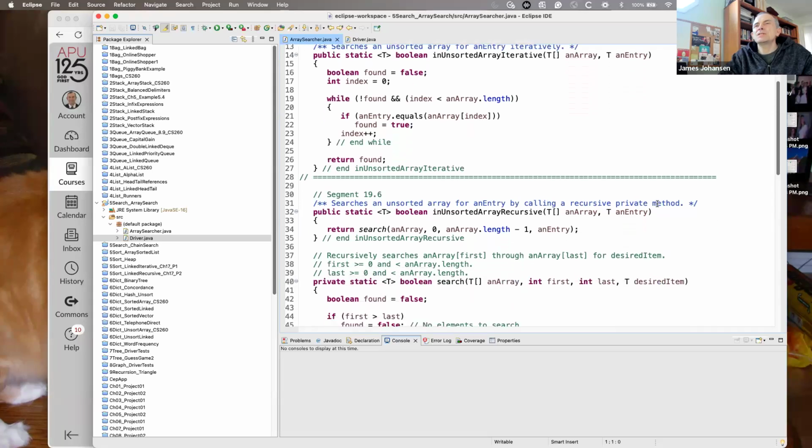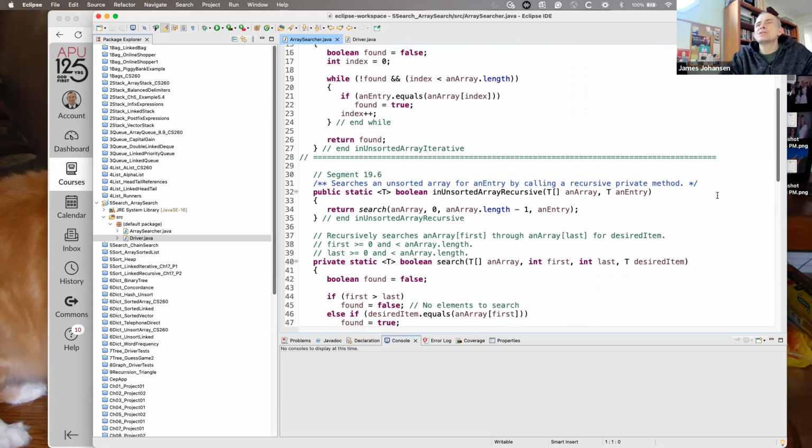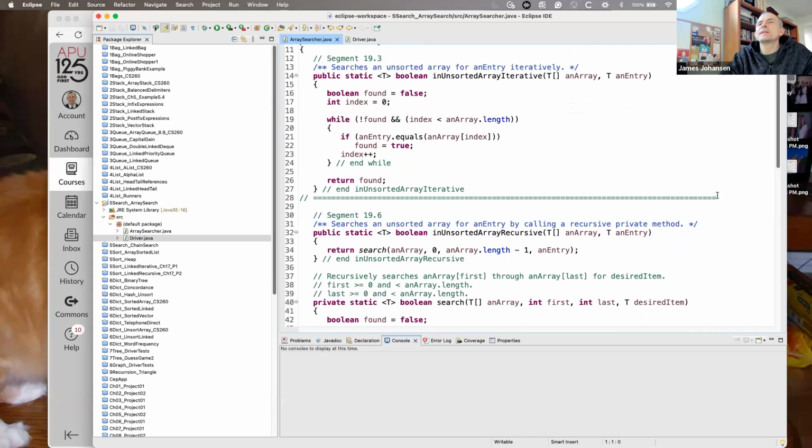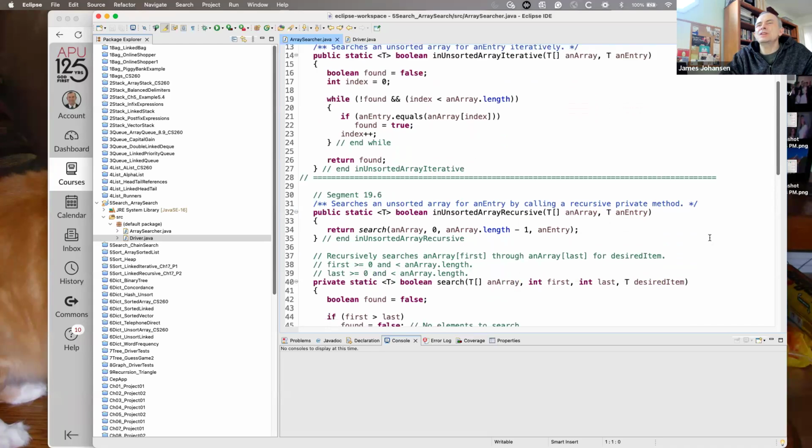Then in segment 16.9, so you can follow this in the textbook, this searches an unsorted array for an entry by calling a recursive private method. This is an iterative solution. This is a recursive solution here.